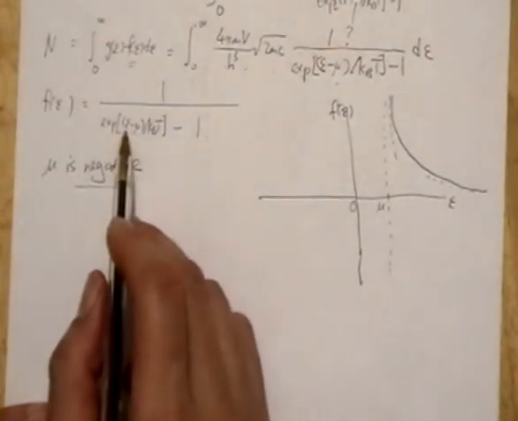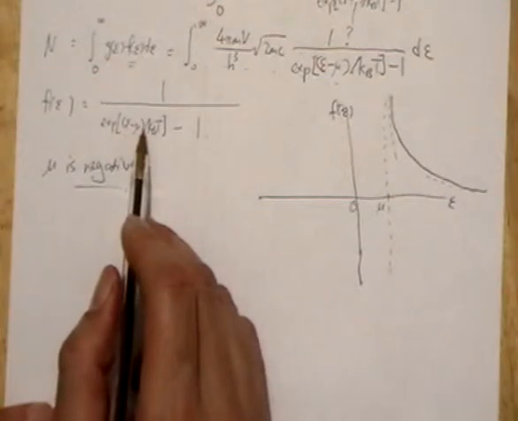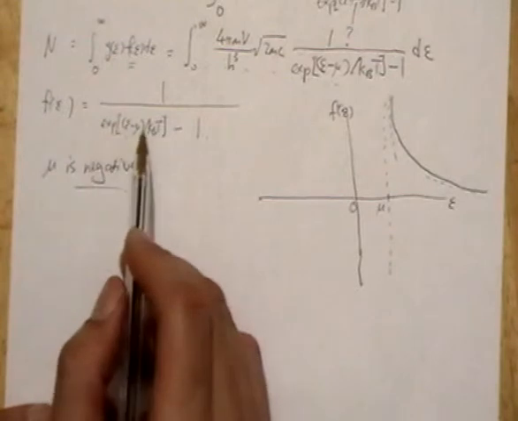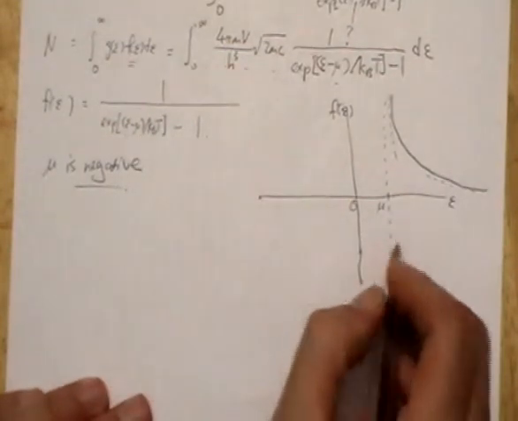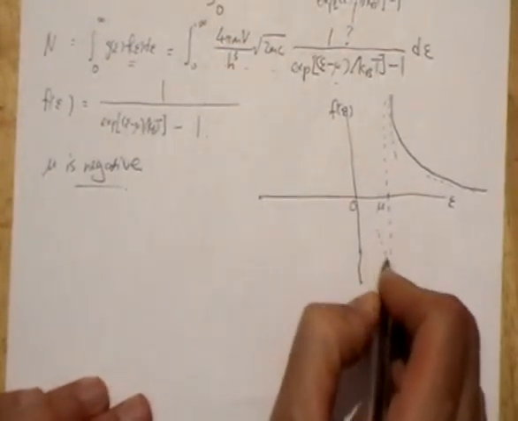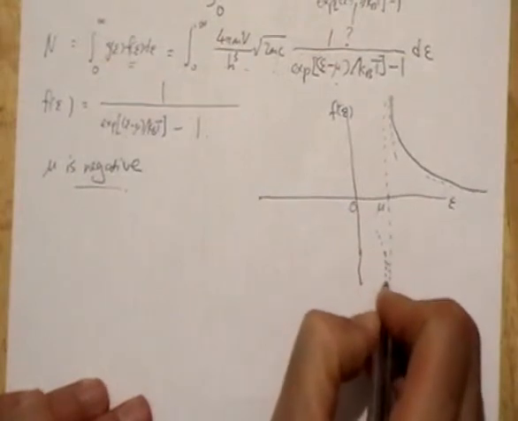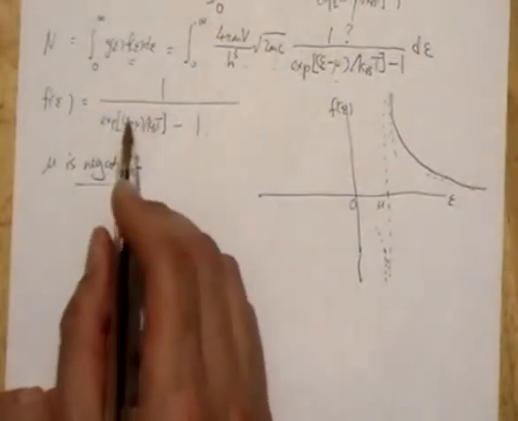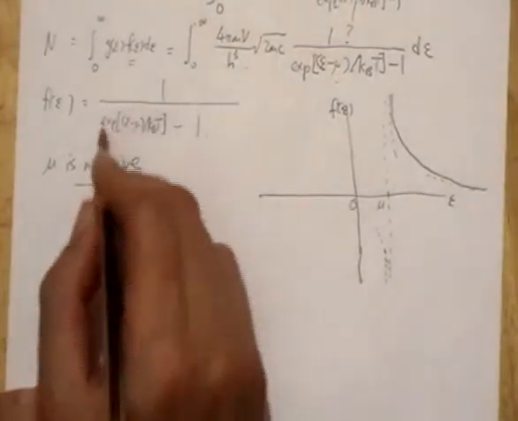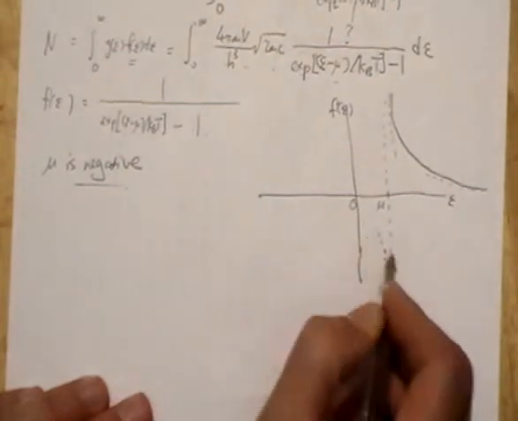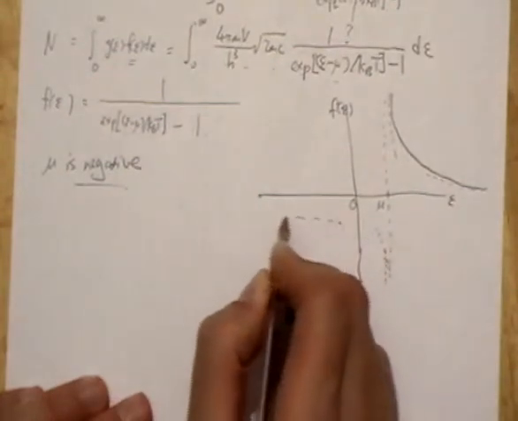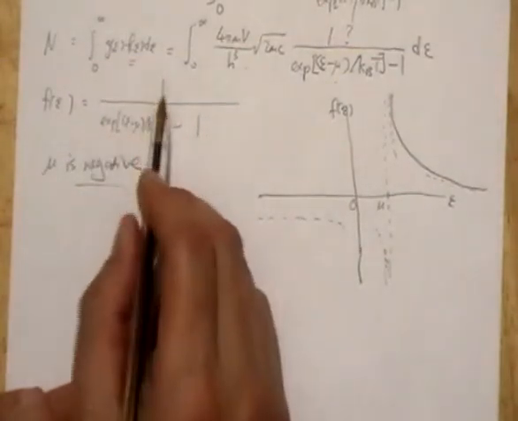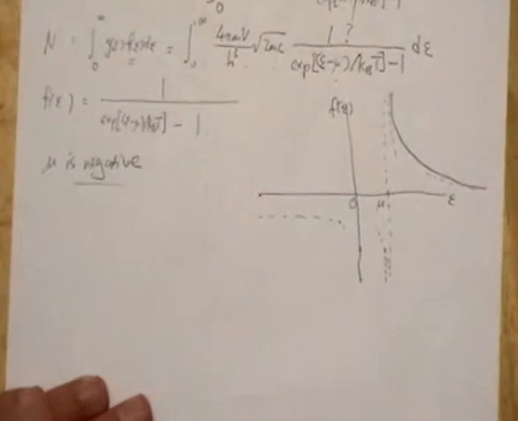But when E tends towards mu, this gets closer to 0, and E to the 0 is 1, so we expect that it will tend to minus infinity down here. But as E tends towards minus infinity, this would get closer and closer to 0, so you get 1 over minus 1.